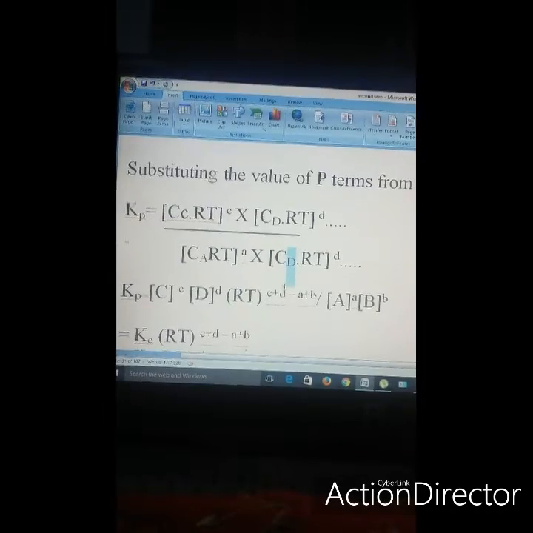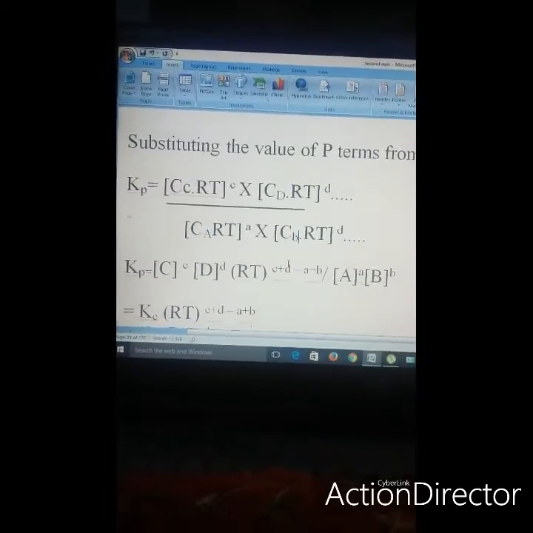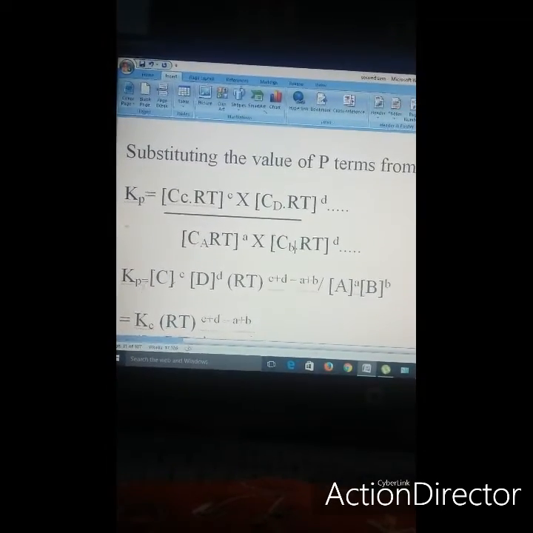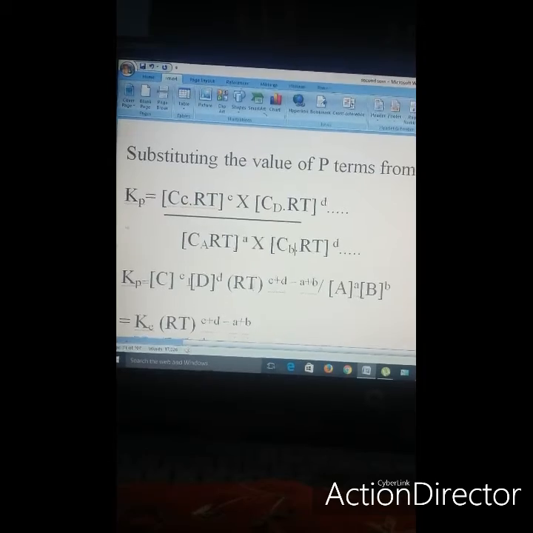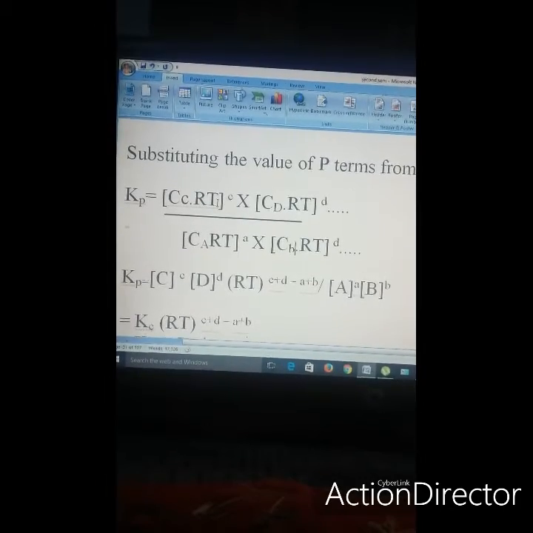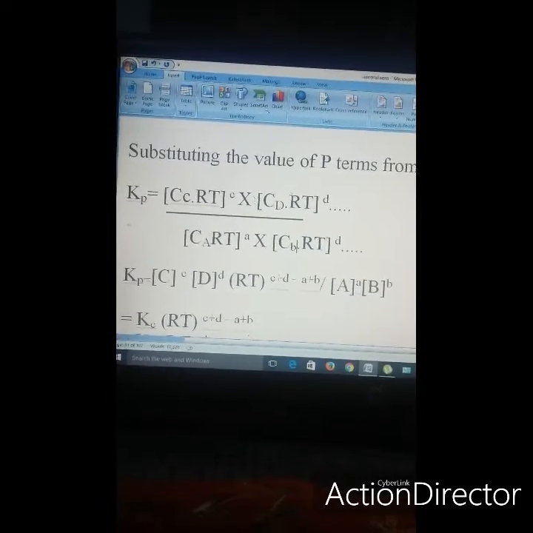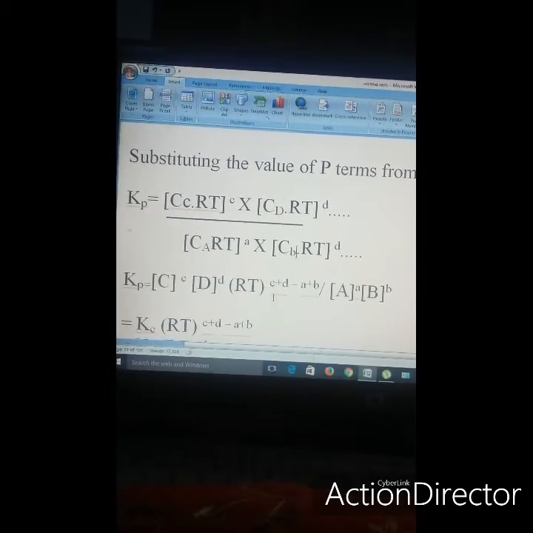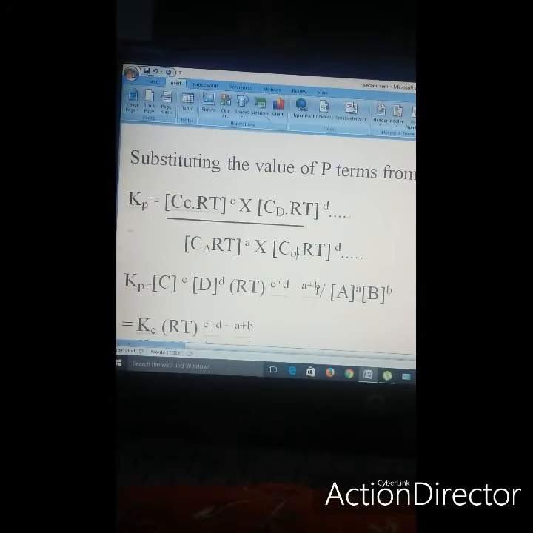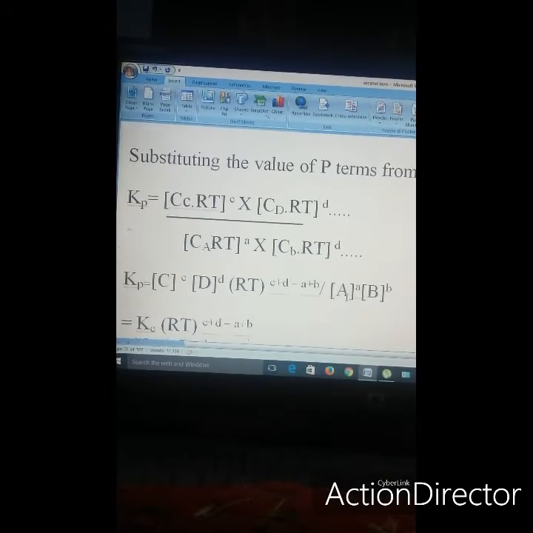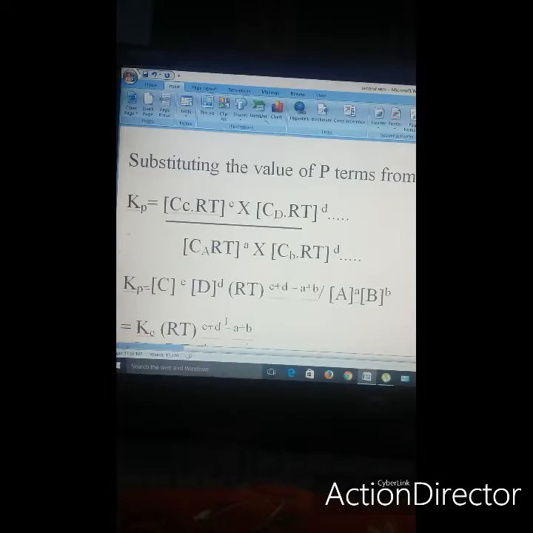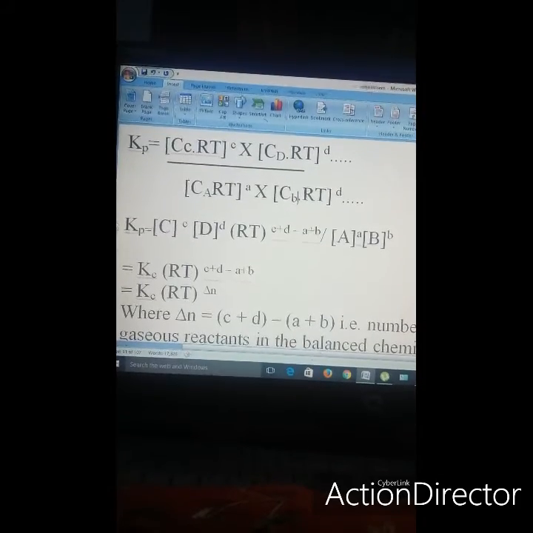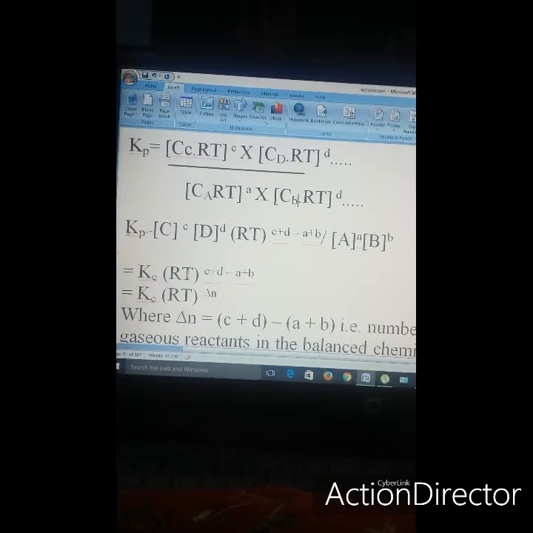Here I have written it wrong, it should be capital B. So Kp will be equal to, now let us open this bracket, it will be [C]^c [D]^d, and RT I will take common, it is in both, so RT to the power (c plus d) minus (a plus b), upon concentration of A and concentration of B. So you will get Kp is equal to Kc (RT)^((c+d)-(a+b)).